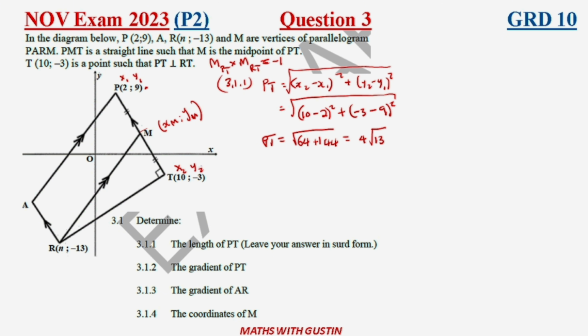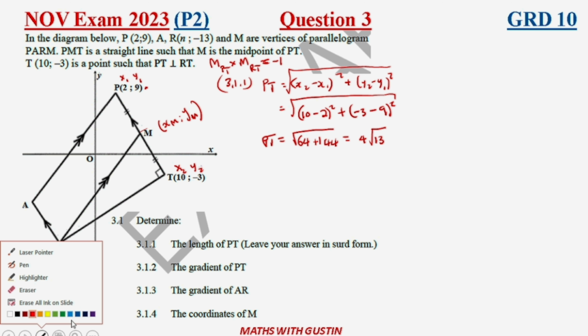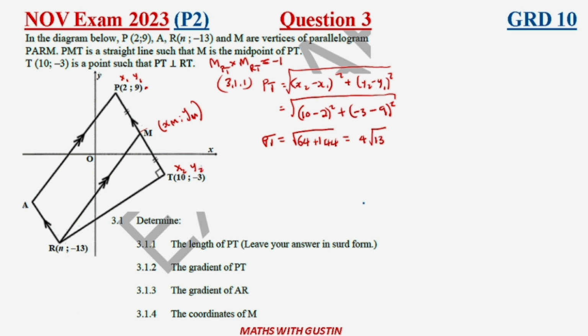Right, guys, let me know what you think of this one. If you are confused, let me know in the comment section below as well. We just use the distance formula to find the length of PT.